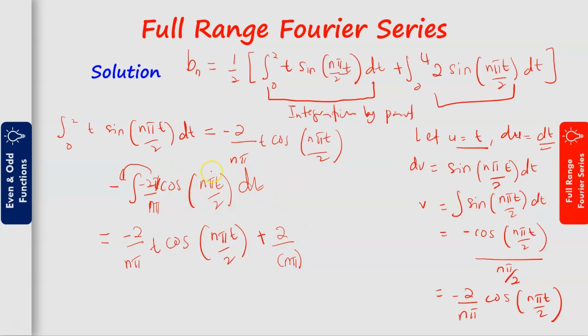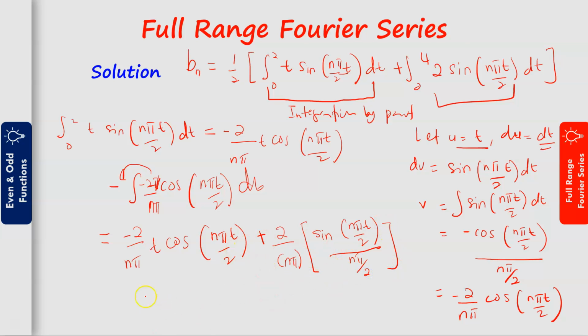When we integrate cos n pi t over 2, we get sine n pi t over 2, and then we need to differentiate inside, which gives n pi over 2.